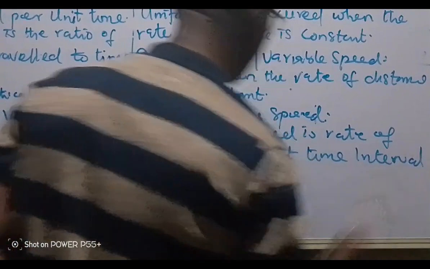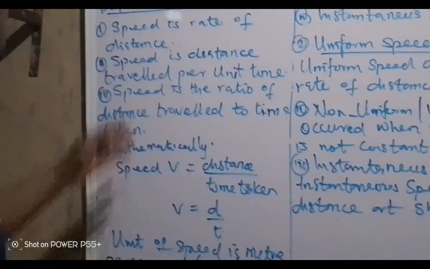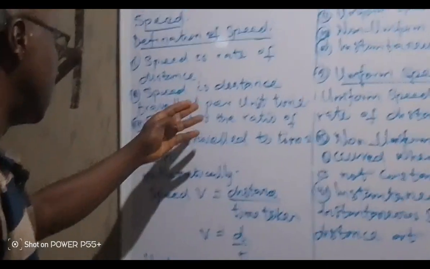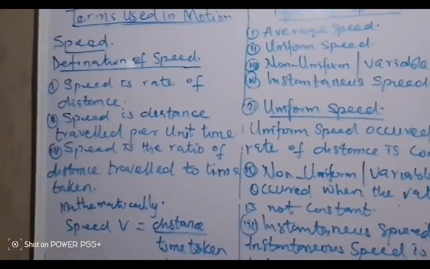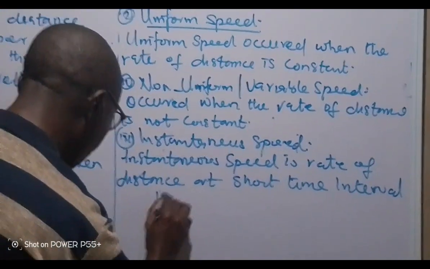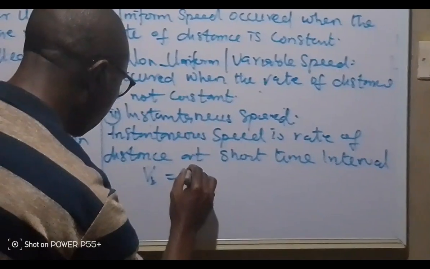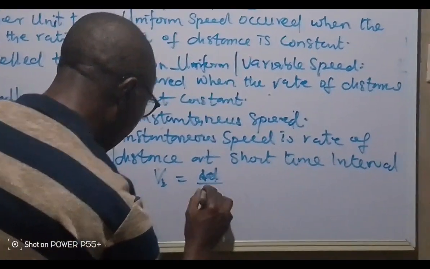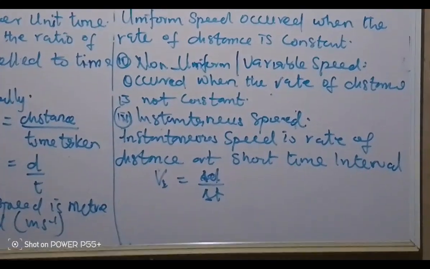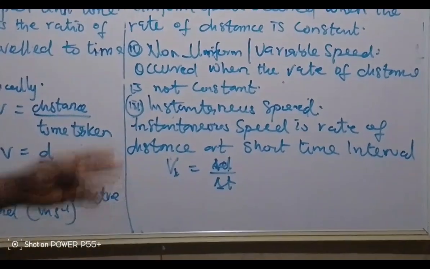Or if you want to use the second definition, it will be the distance covered per unit time at short time interval. Then the instantaneous speed, V instantaneous, is equal to delta D over delta T. That is the rate of distance to time, the rate of distance at short time interval.